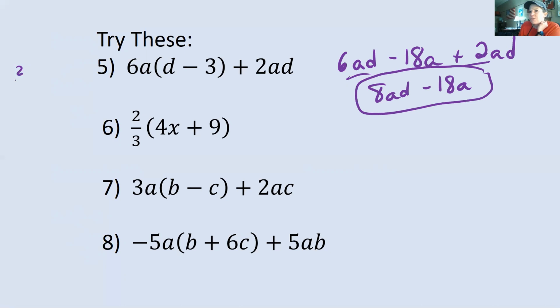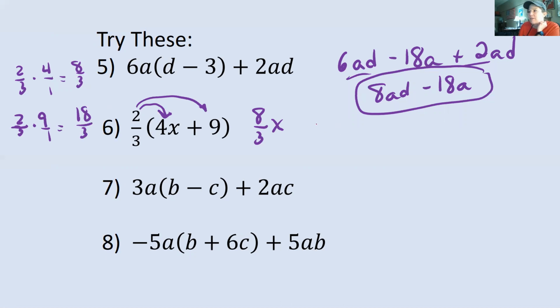So we're going to do 2/3 times 4, and we get 8/3. So 2/3 times 4x is 8/3 x. And then we're going to multiply 2/3 times 9. And we get 18/3, which is 6 plus 6. There's our answer right there.